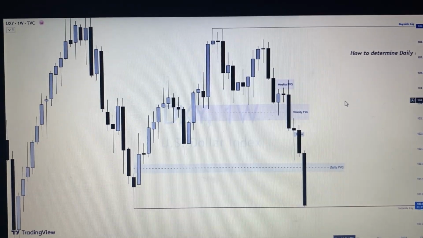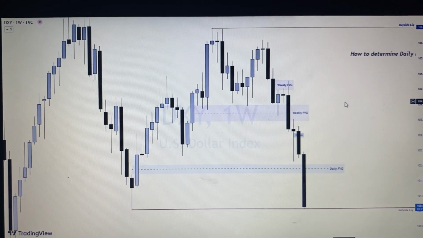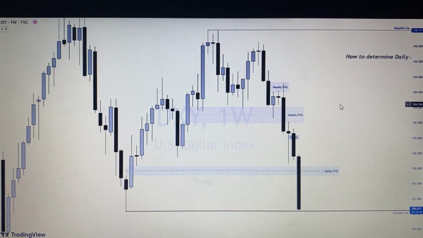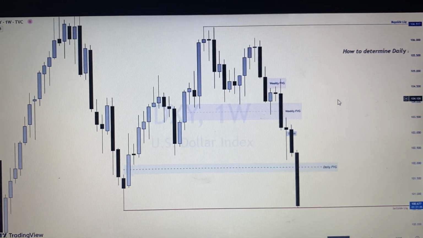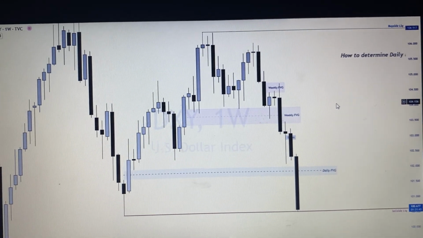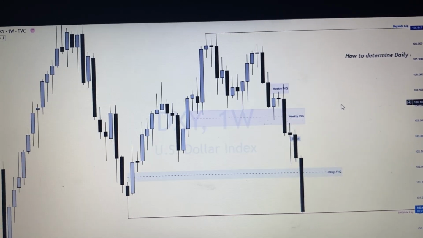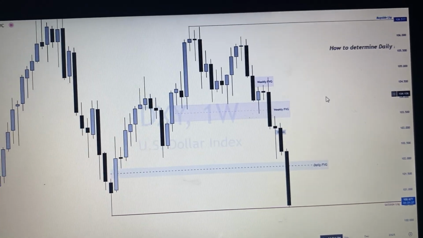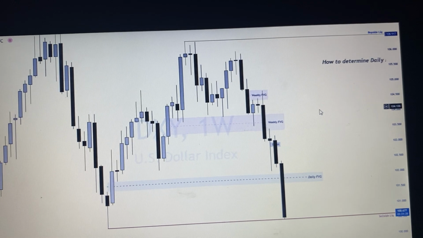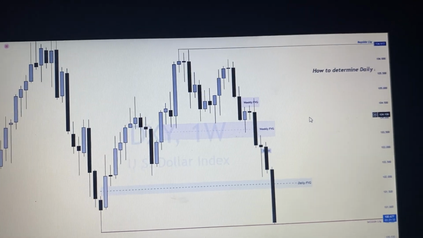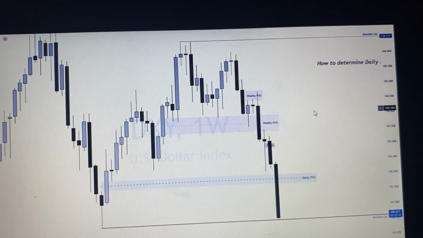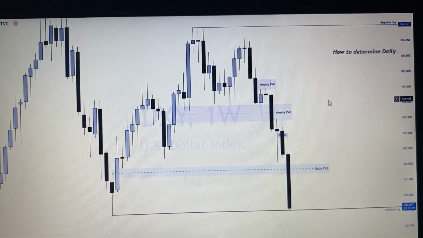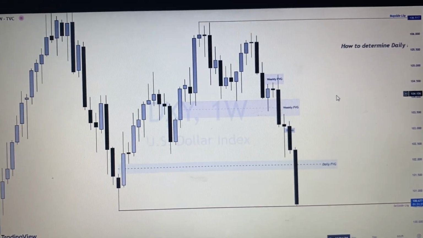Because everything is moving to the BRICS pay method or whatever it is. So the dollar is gonna crash, my guy. This is also fundamentally affected, but I'm gonna show you how it can be caught using only price action.